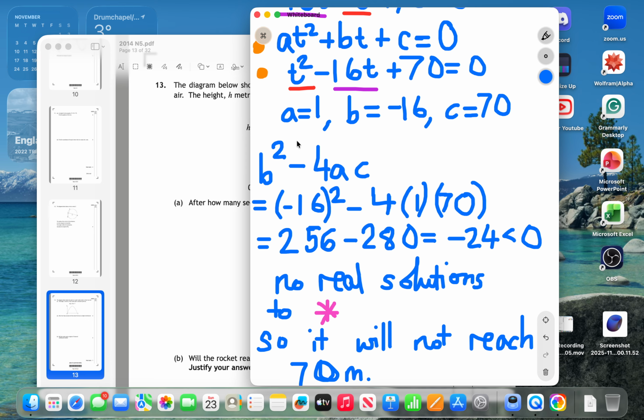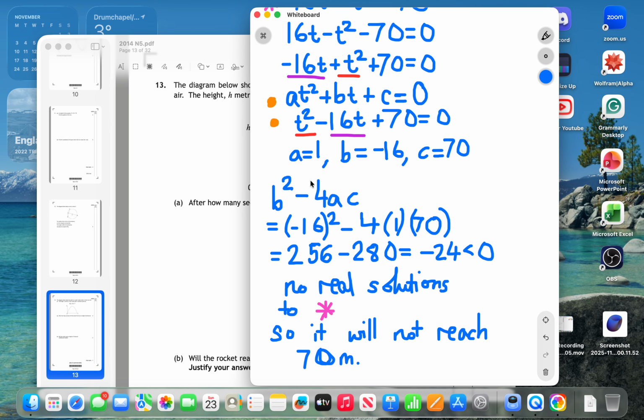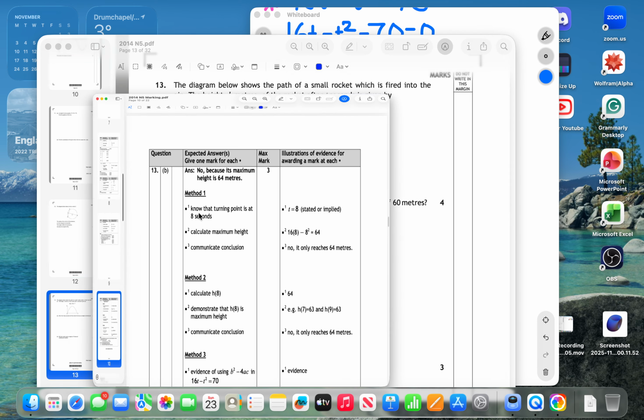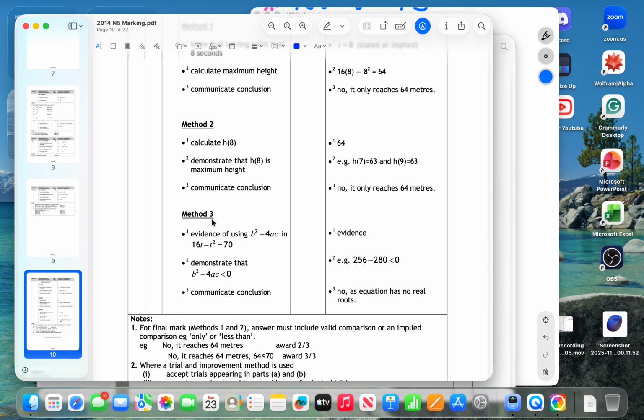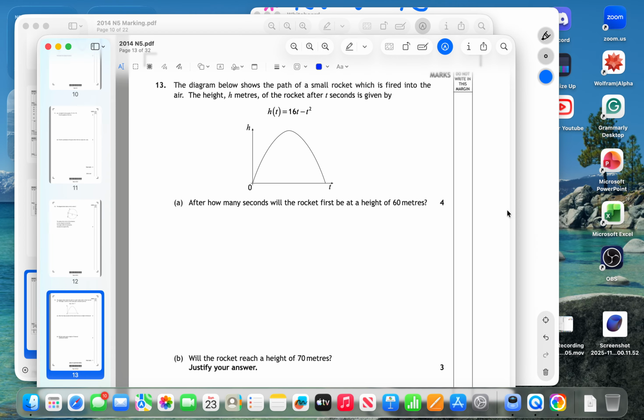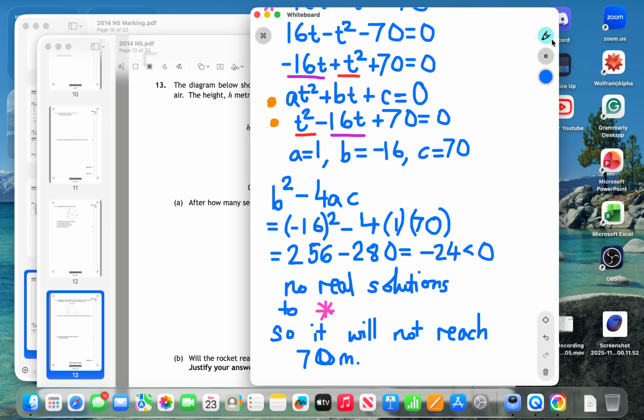We'll start with this method, the discriminant method, and I will get the marking up. Method 3 is the discriminant method, and the first mark would be for using the discriminant, or using b squared minus 4ac. So any mention of b squared take away 4ac would be 1 mark.